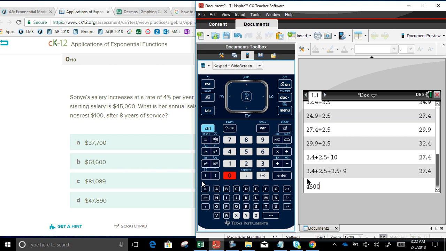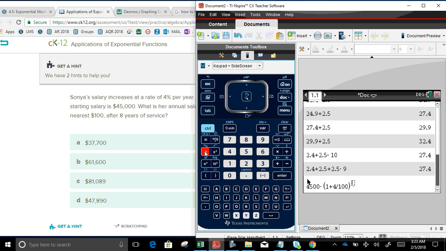I'm going to multiply that by 1 plus 4%, which is 4 divided by 100. Go to the right, raise it to the power, and how many years did we say? 8. Which gets increased once a year, so it's 1 times 8.